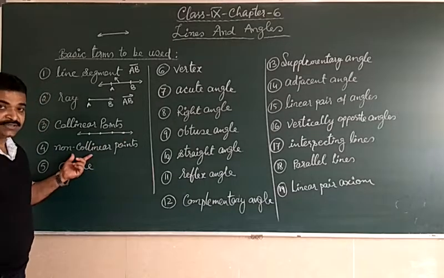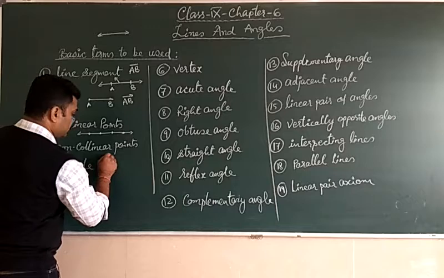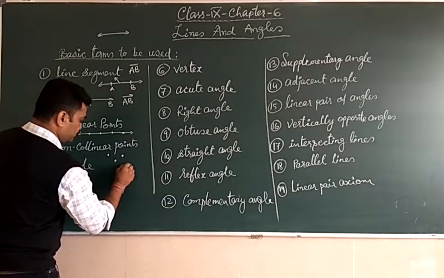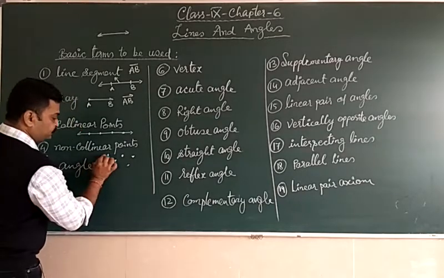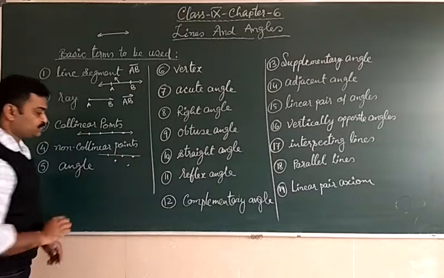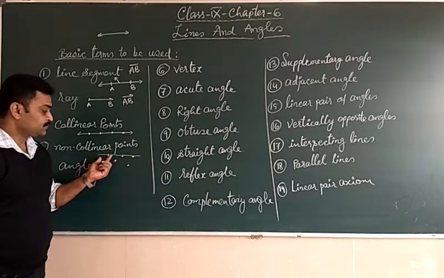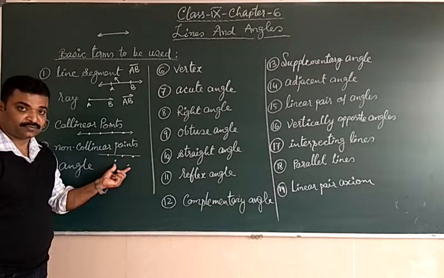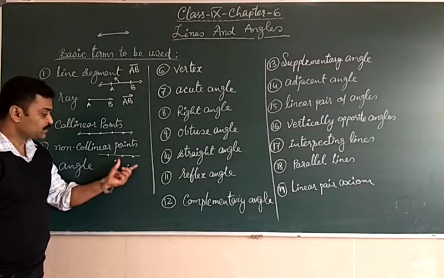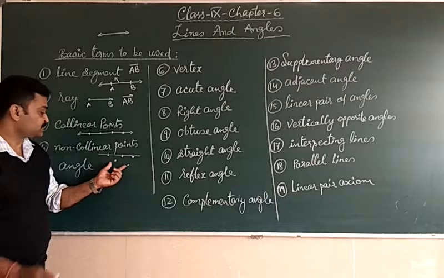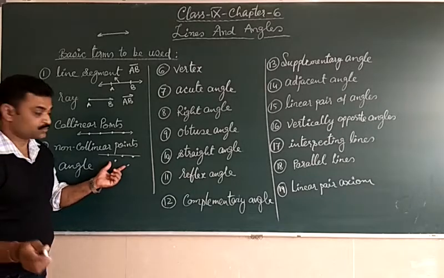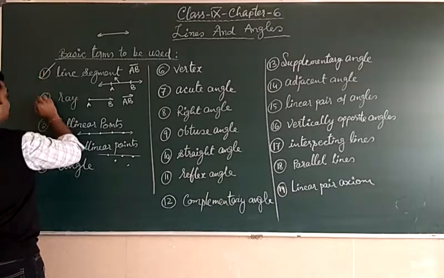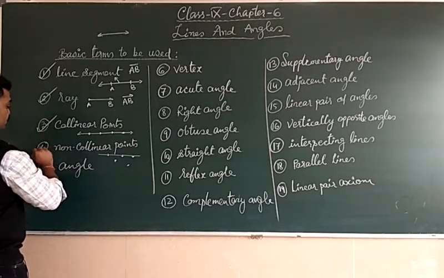And non-collinear points: if we draw a straight line, it crosses these 3 points, but not these 2, so these points are not collinear. We will say non-collinear points. Okay, so line segment, ray, collinear points, non-collinear points.